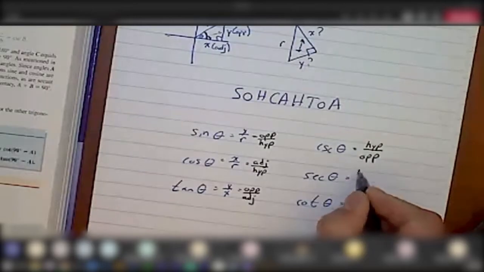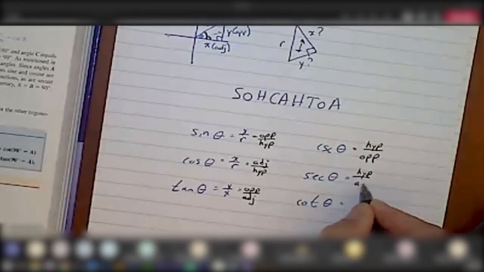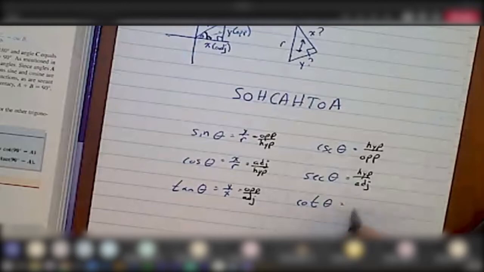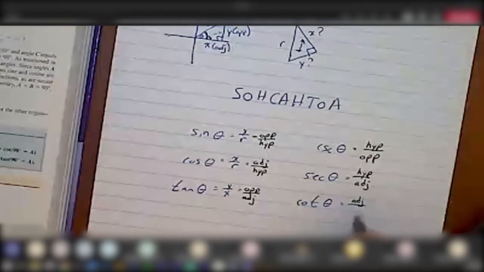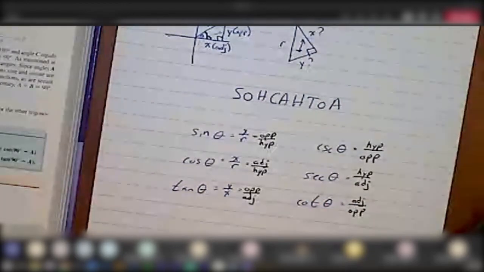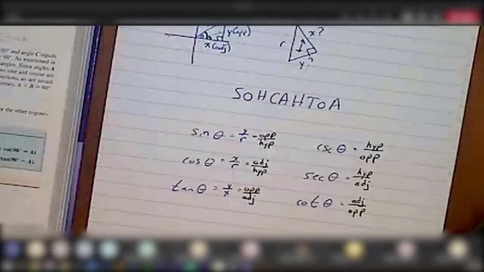Secant is the hypotenuse over the adjacent. And cotangent is adjacent over opposite. And that is the big blue box on page 46. So we're just showing you where all that comes from, okay?